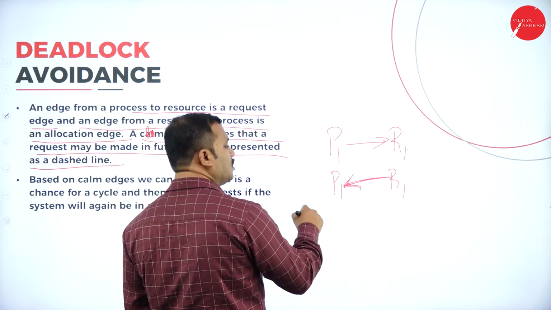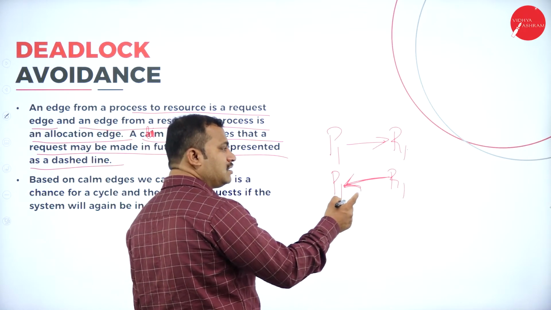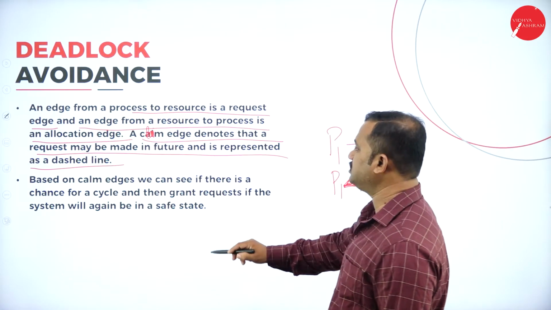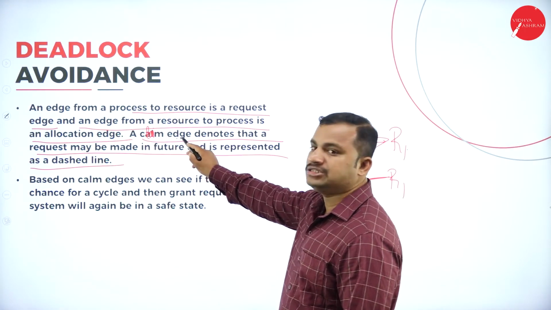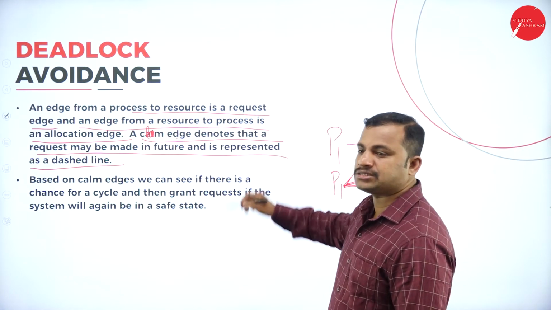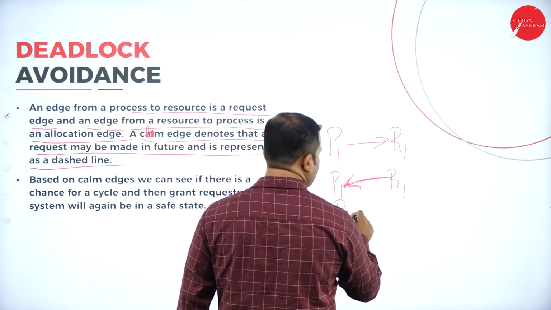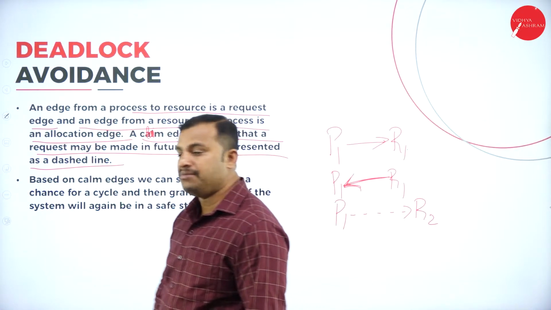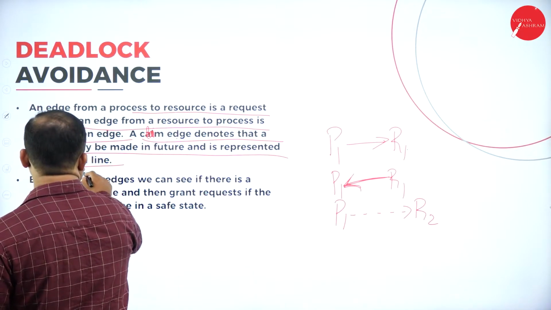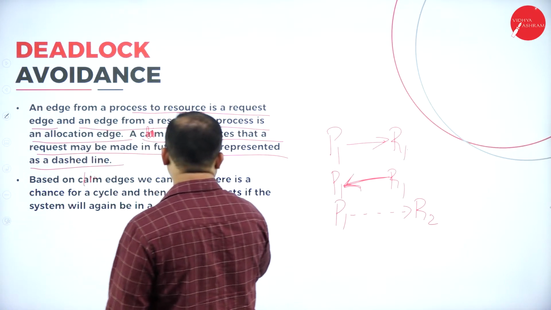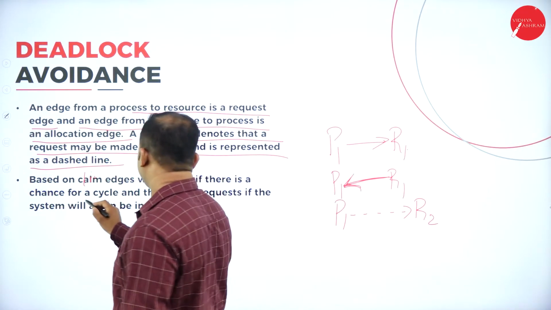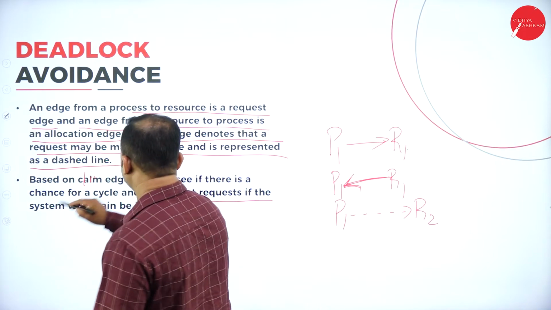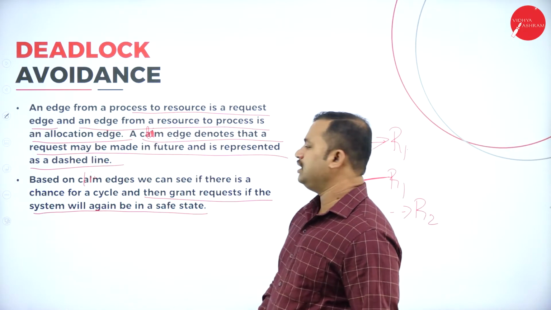But there is also a chance of assigning resources to the process. That means a claim edge. A claim edge is indicated by dashed lines. That means process P1 is claiming resource R2. That is the claim edge. Based on the claim edge, we can see if there is a chance for a cycle, and we grant requests only if the system will again be in a safe state.